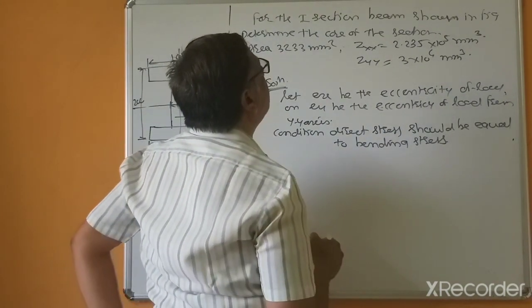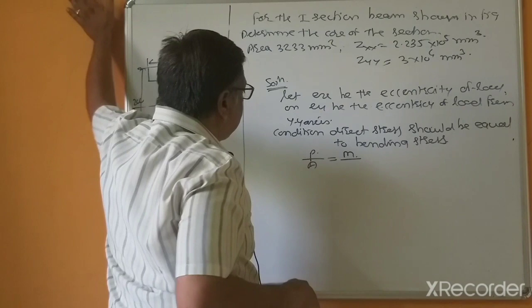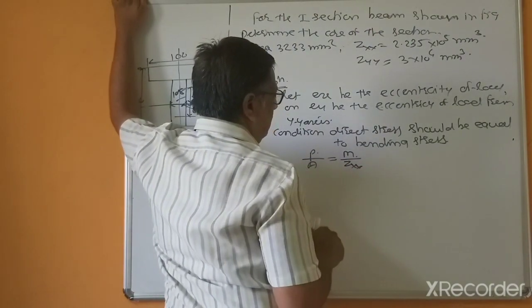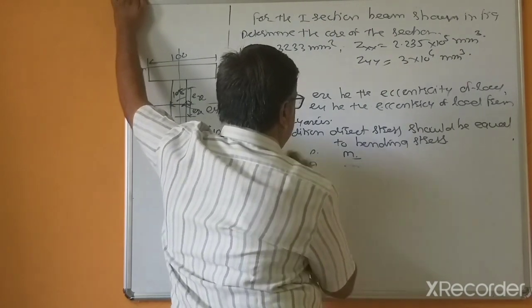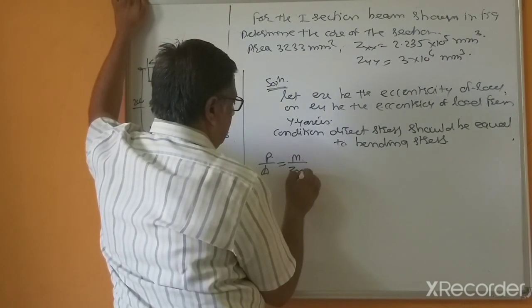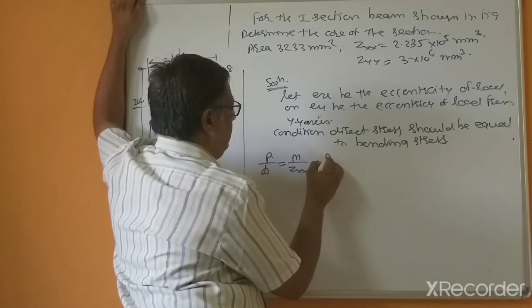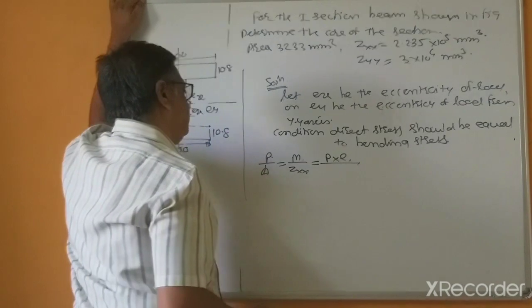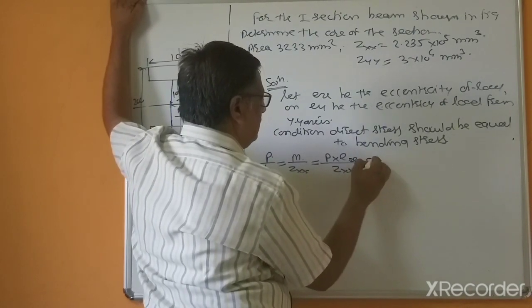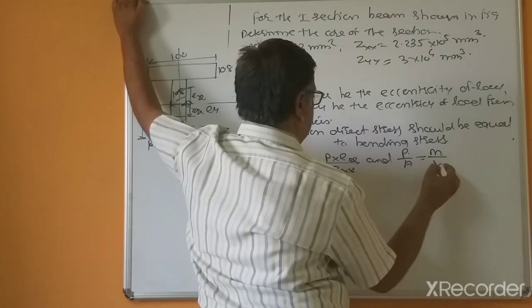That's why we can write P divided by A equal to M divided by Zxx, or P into Ex divided by Zxx, and P divided by A equal to M divided by Zyy.